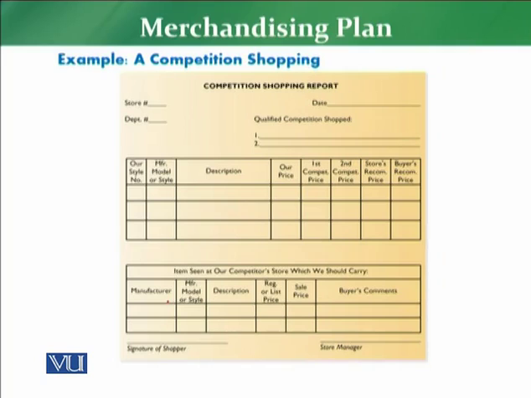This is an example of a shopping competition report, which you get once you visit your competitor, and not just the first competitor. You can visit multiple competitors. Then you can identify whatever you are looking for.